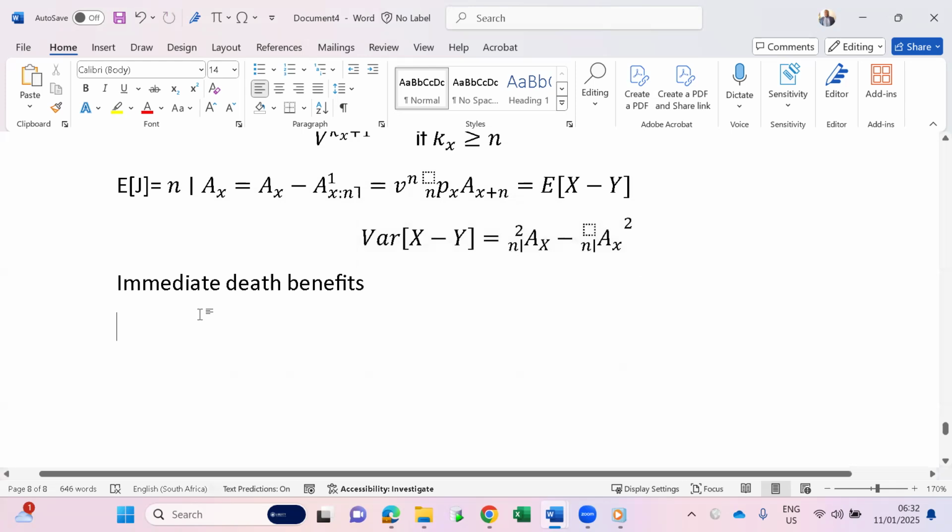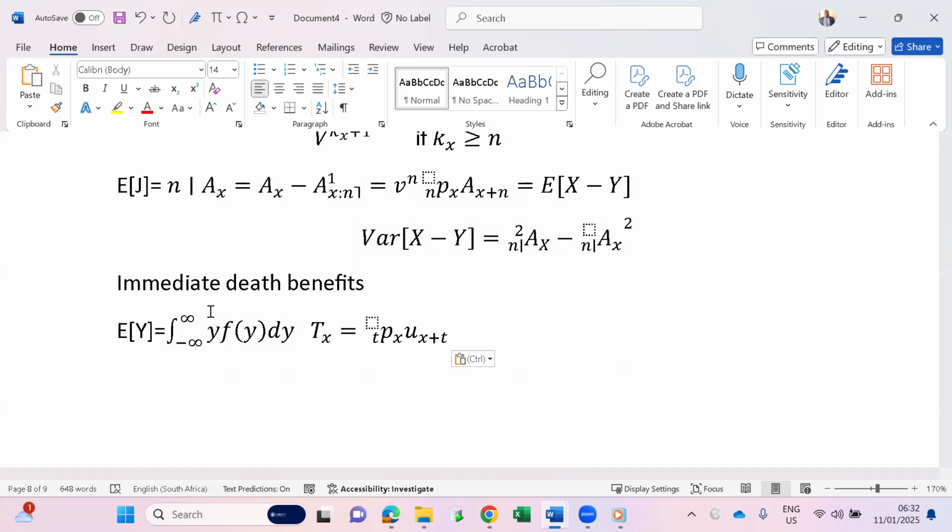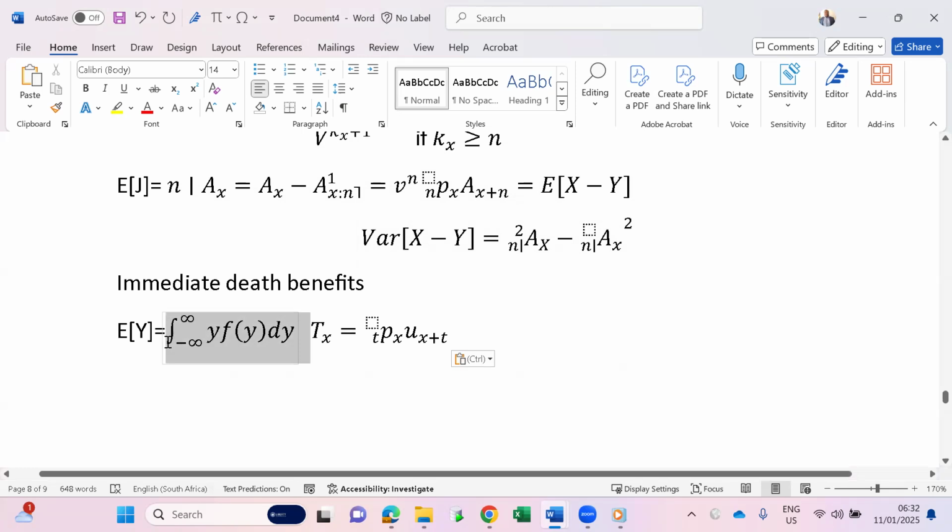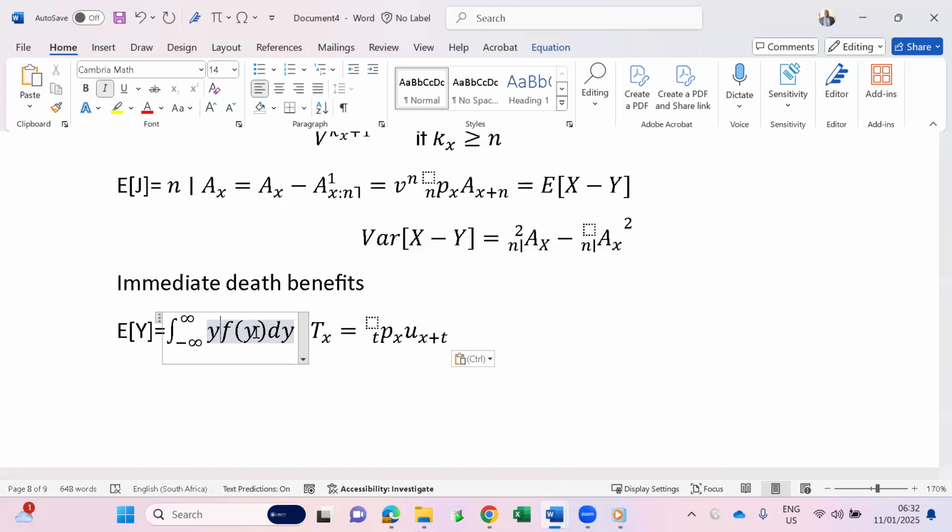So for immediate benefits, we define the function, right? So E of Y, this is just a general statistical definition. So E of Y is equal to the integral over whatever range of Y, that Y multiplied by that probability over each range, and then you get a value, right?